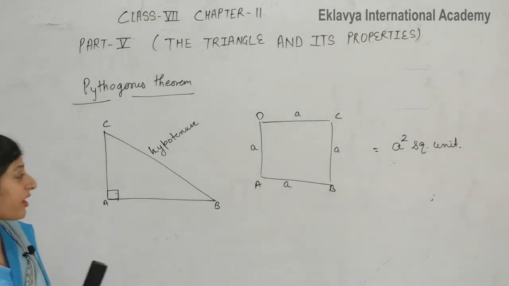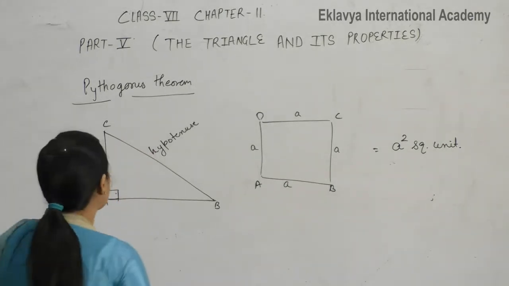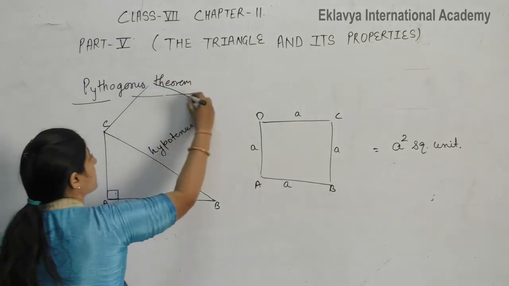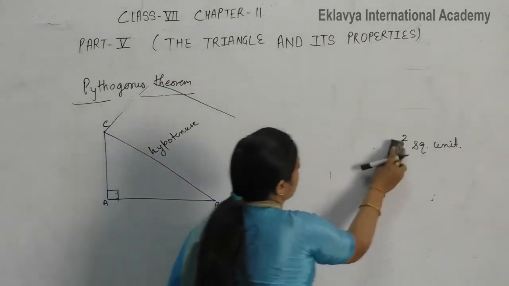See how to find the formula of the Pythagoras theorem when you make a square on each side. Take a simple right angle triangle.